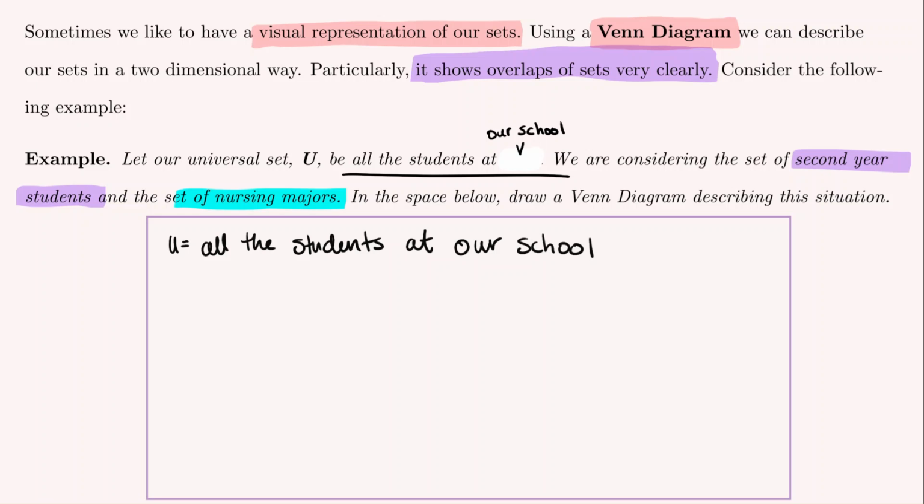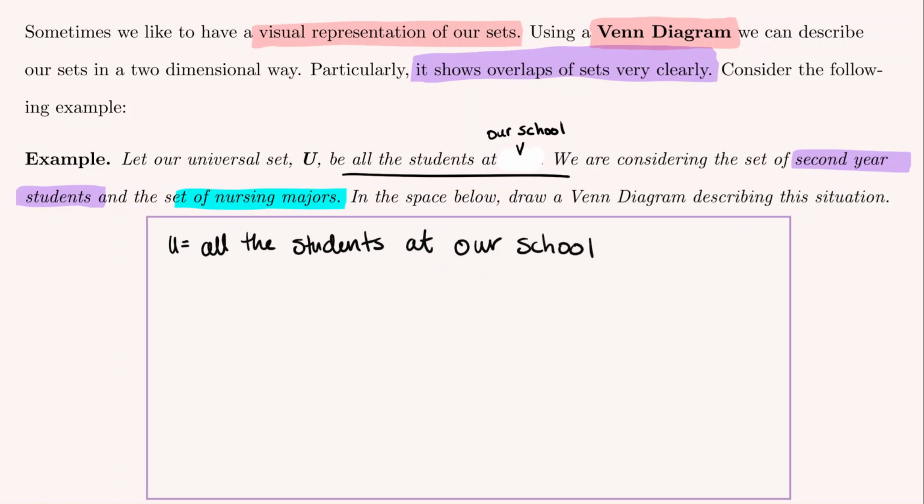The next question you want to ask yourself is, will they overlap completely? Is every person in one of the subsets in the other subset? Or are there some people who will be second year students who are not nursing majors? And will there be some nursing majors who are not second year students? And the answer to that question is yes, there will be people who do not belong to both sets.